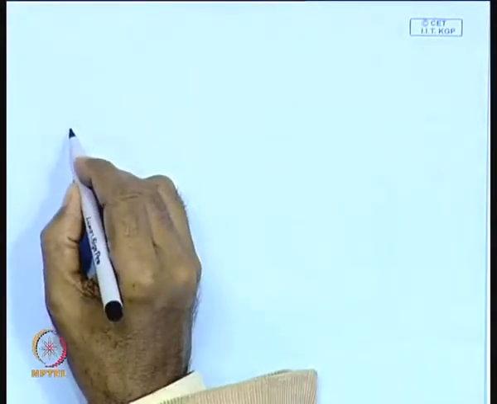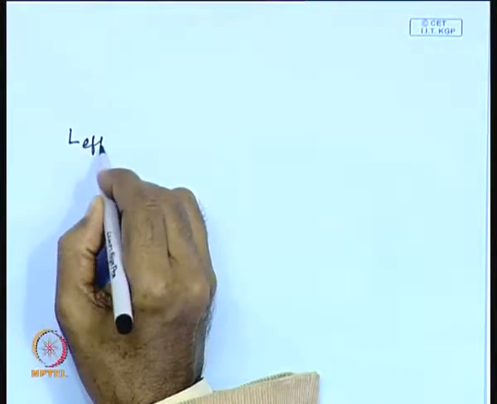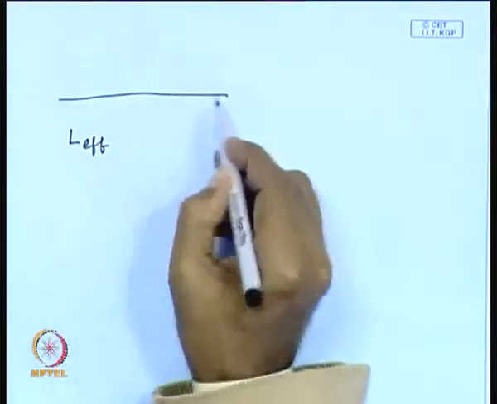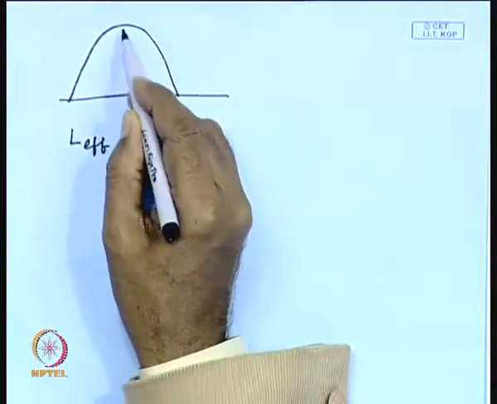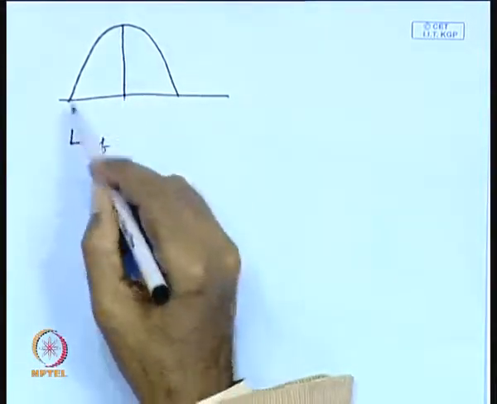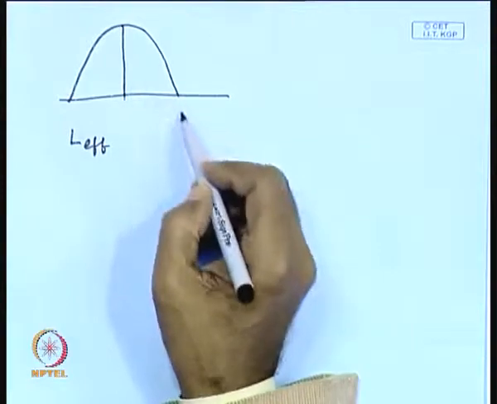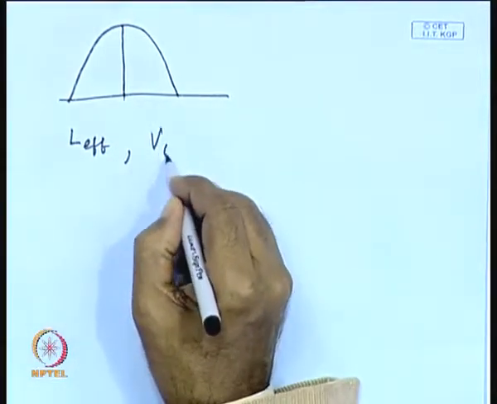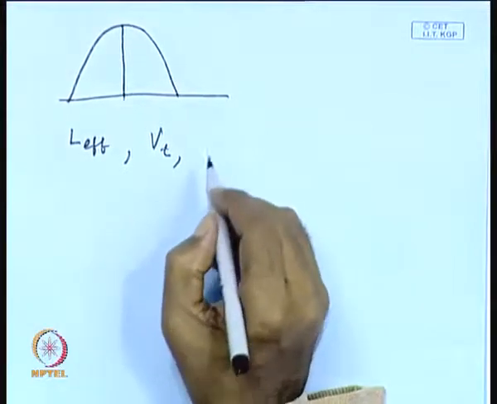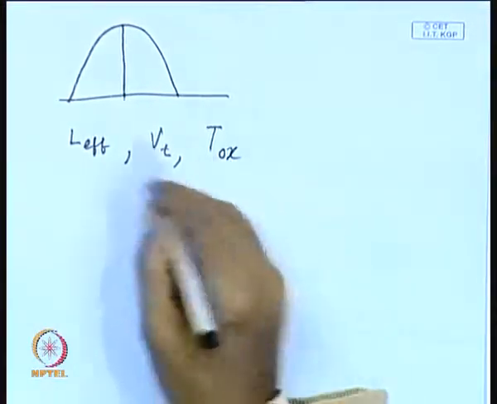What do we really mean by that? In this case, you have to assume that the effective channel length L effective is no longer a fixed value. It will have a kind of Gaussian distribution over the nominal channel length. So, you use this kind of distribution for a particular parameter. It can be effective channel length, it can be VT, it can be the thickness of the silicon dioxide and so on.